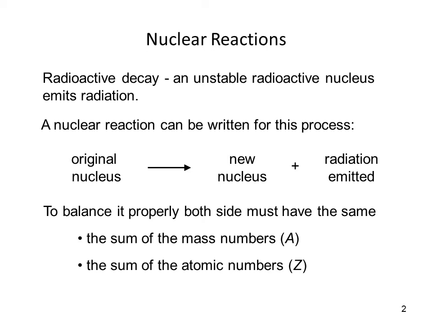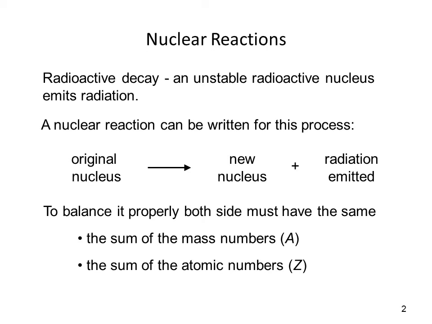When we're looking at a nuclear reaction, we can write the reaction by balancing the mass and the charge. Here it says the sum of the mass numbers must be the same on either side, and the sum of the atomic numbers is the same on either side.